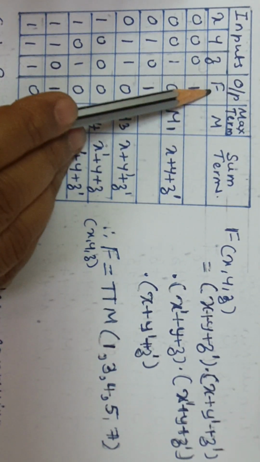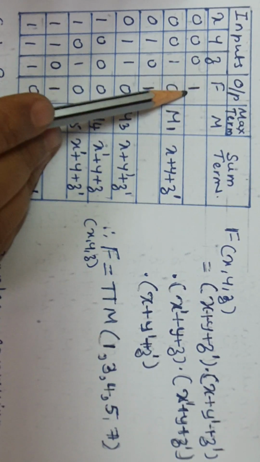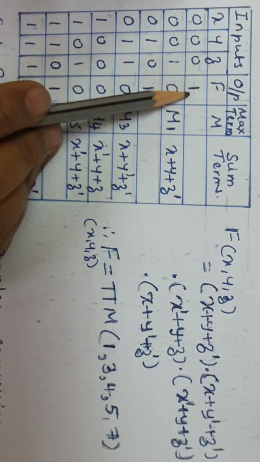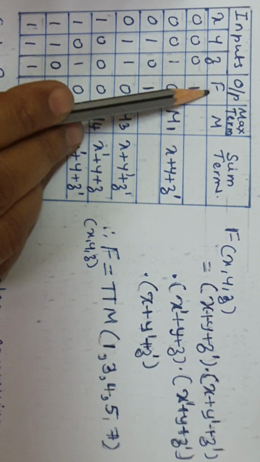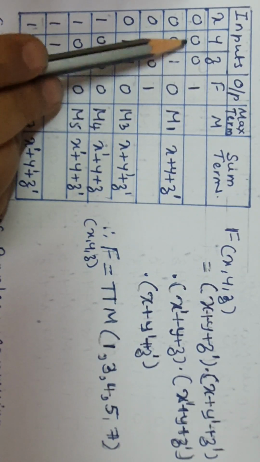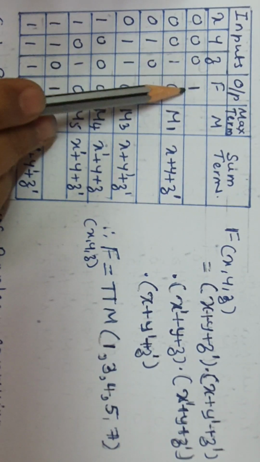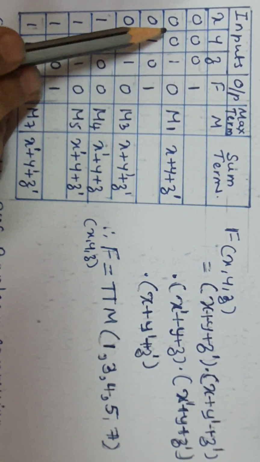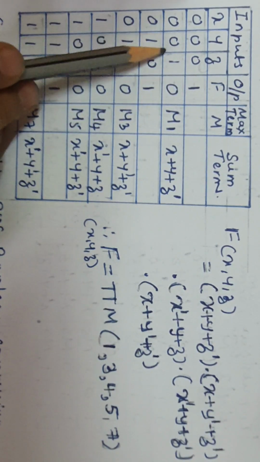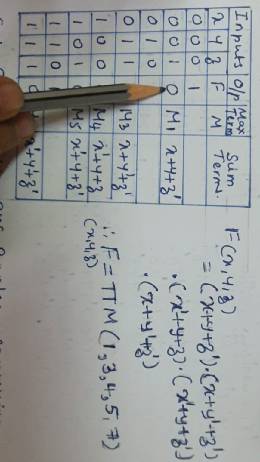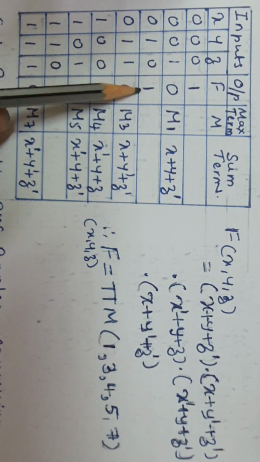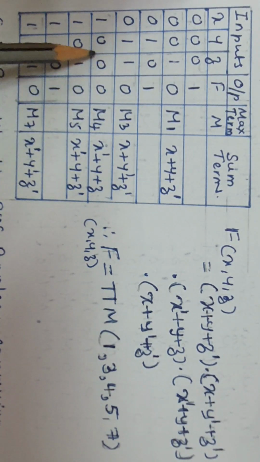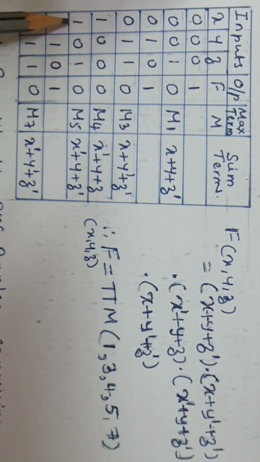Next, how the output f varies is given. In the truth table, the output is given here. For the 0, 0, 0 input condition, it is 1. When x, y, z are 0, 0, 1, it is 0. For 2 it is 1, 3 it is 0, 4 it is 0, 5 it is 1, 0, 1 condition of inputs means it is 5.